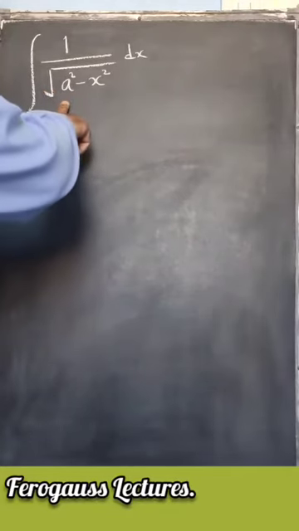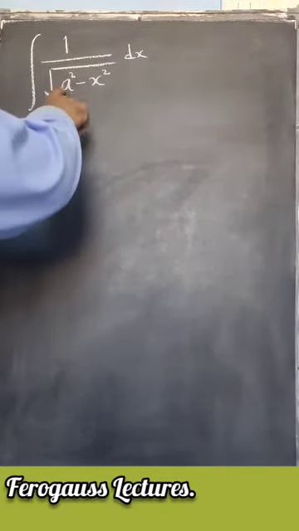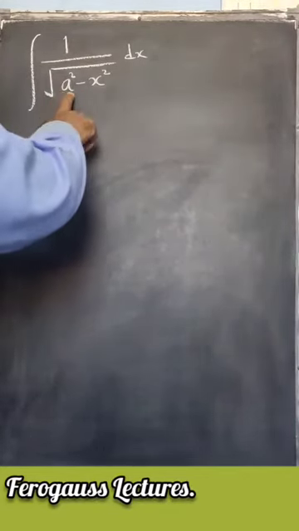To find the integration of 1 by under root of a square minus x square, we put x equal to a sine theta.